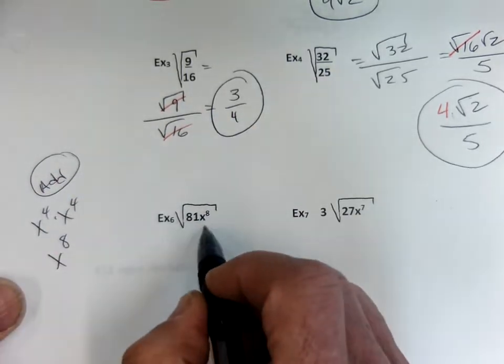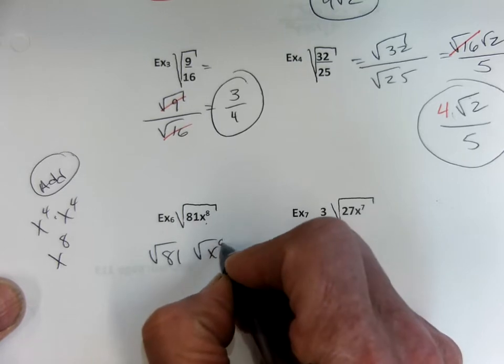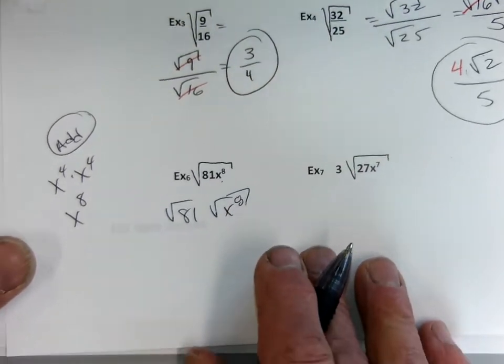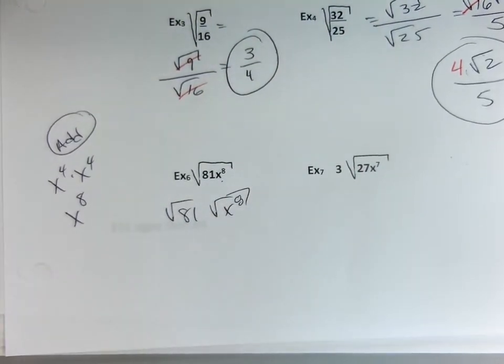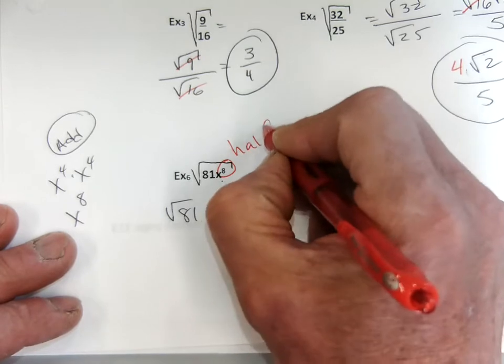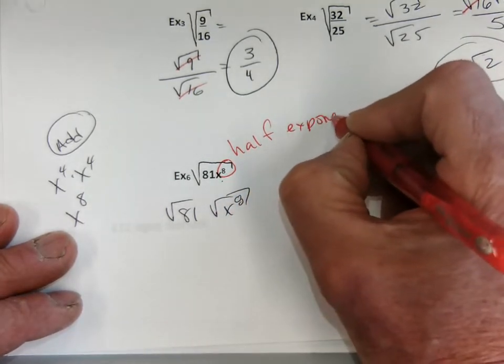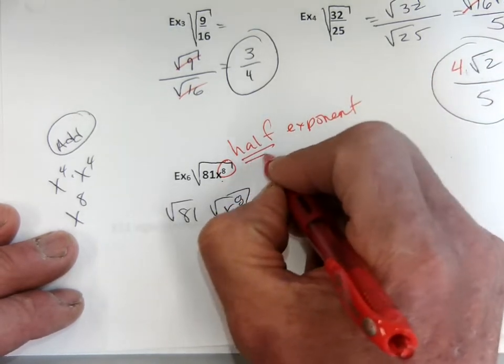Now, if I took the square root of x to the 8th, I'm going to get x to the 4th. So really what I'm doing is taking half my exponent. Always remember that, half the exponent.